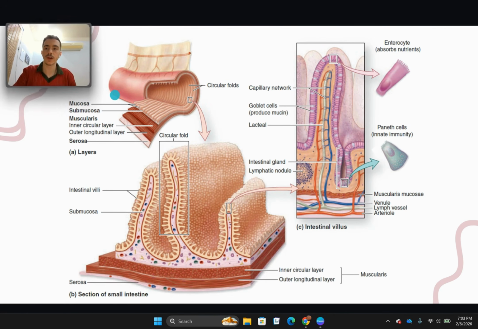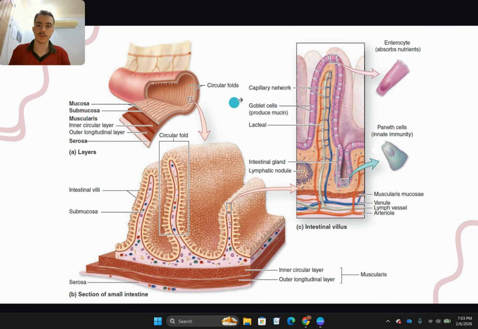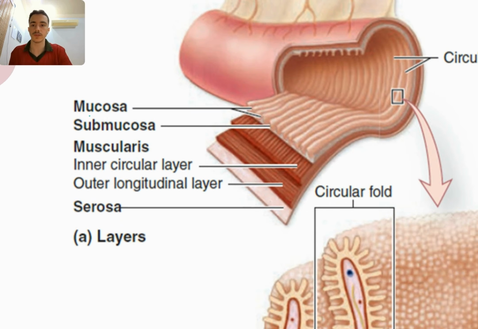This photo, which Dr. Khalid put in his slide, is very, very good. It's like a summary of everything. We have the mucosa, submucosa, and muscularis, which has two layers: inner circular and outer longitudinal. Then we have the serosa, because we are in the abdominal cavity, and we have mesentery.